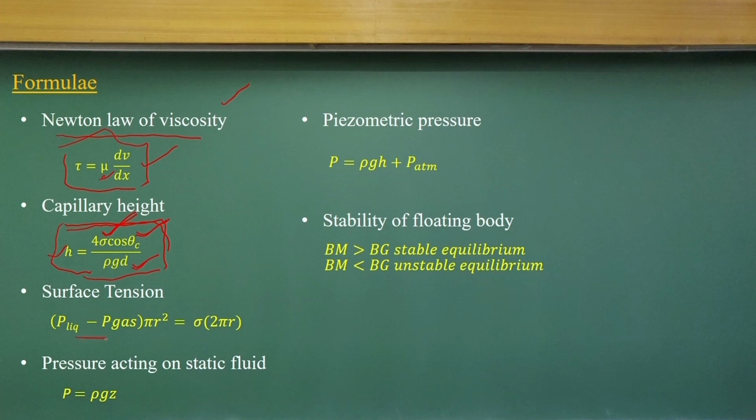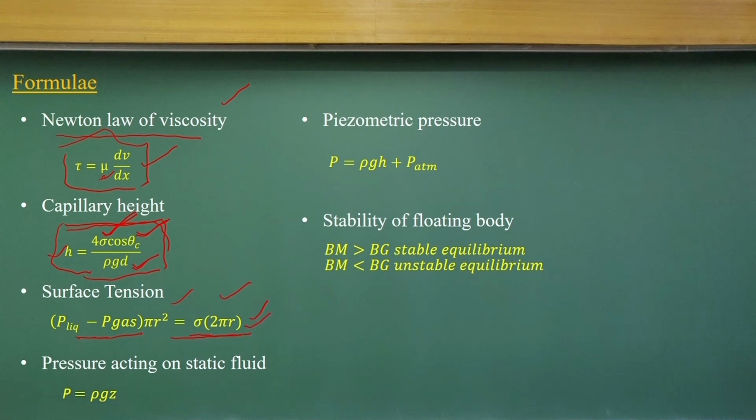When you equate the surface tension force with the pressure difference and the area where it is acting, the net force acting on this part takes care of the force due to surface tension.